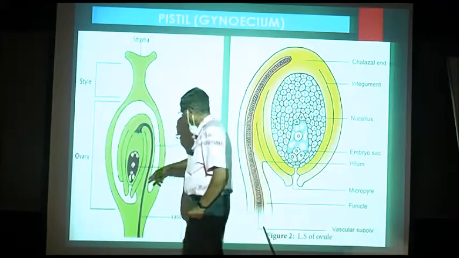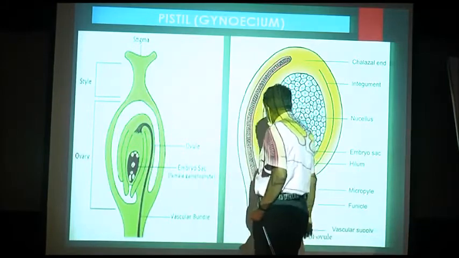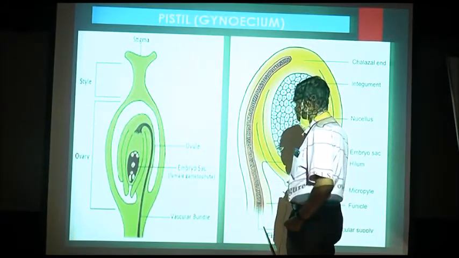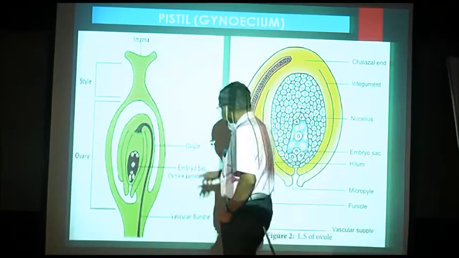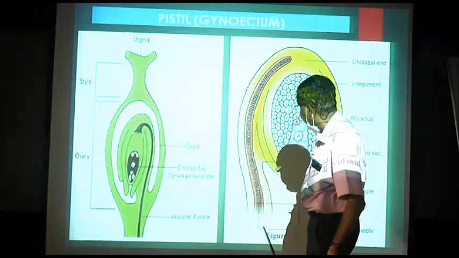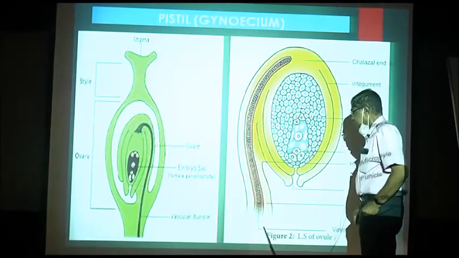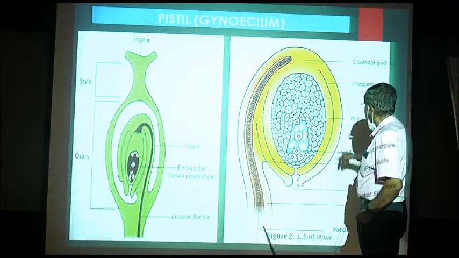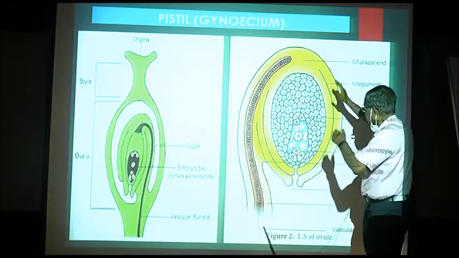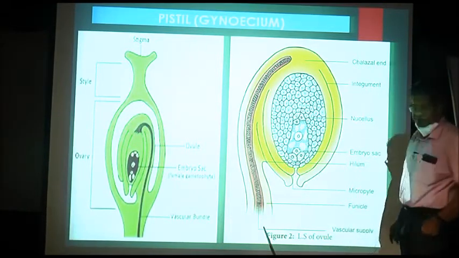Now, this is an ovule. We have seen one ovule here. There may be many ovules in an ovary. Now, this is the structure of the ovule. Now, the ovule has usually two cover structures which are known as integuments.